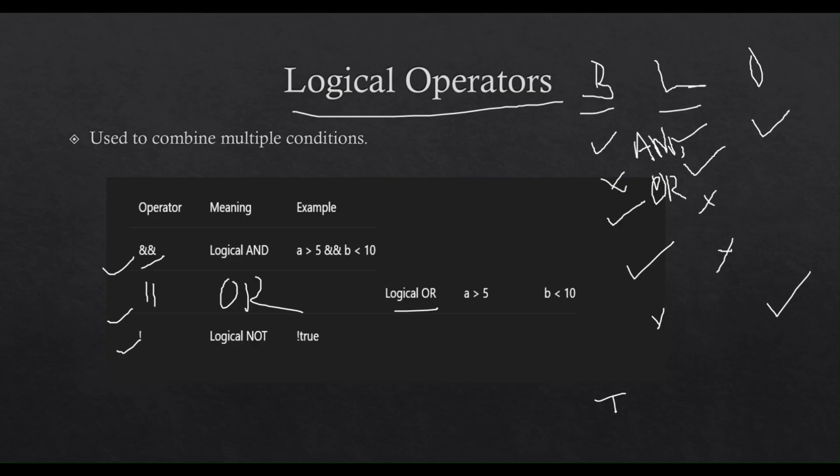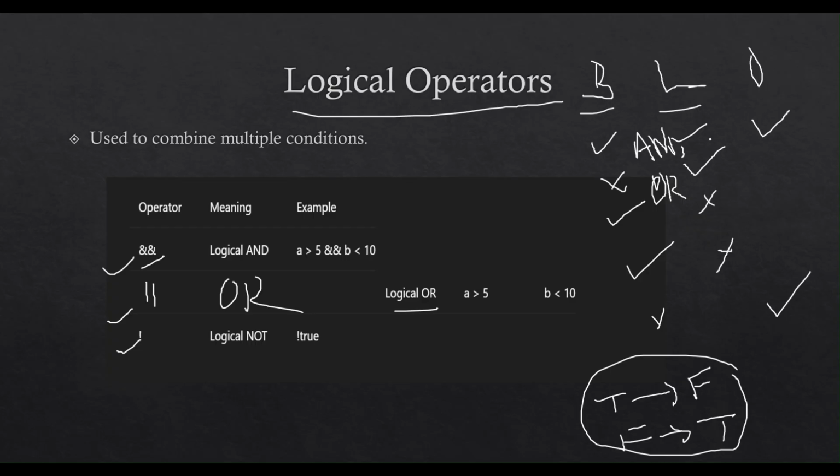If my answer is true, its NOT value will be false, and if my answer is false, its NOT value will be true. So this is a basic similar condition. The AND operator means if both answers are true, then it returns true, otherwise it returns false. And OR means if any of them is true, you return true, otherwise if both answers are false, then you return false, okay.